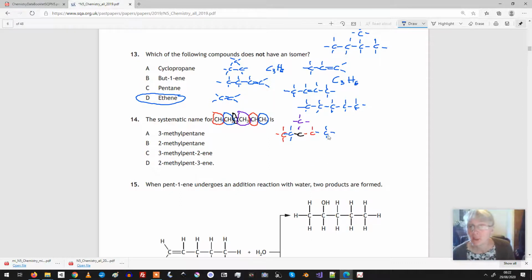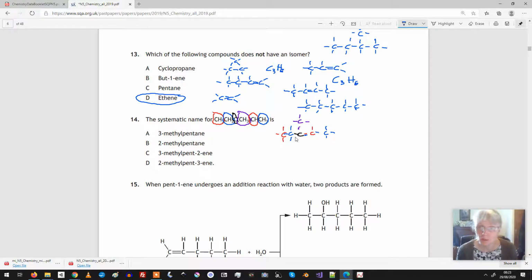And now I'll just count the number of bonds around each carbon. So that's 4, but that's 3, and that's 3. So there needs to be a double bond in here so that we have 4 bonds around each carbon, and the rest have 4, which is fine.